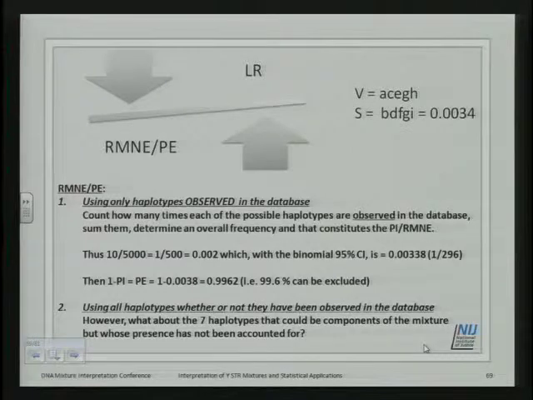However, I personally find, and some have suggested that this is an appropriate way of looking at things. We haven't looked at the LR yet. However, how can you possibly justify not taking into account these unobserved haplotypes?